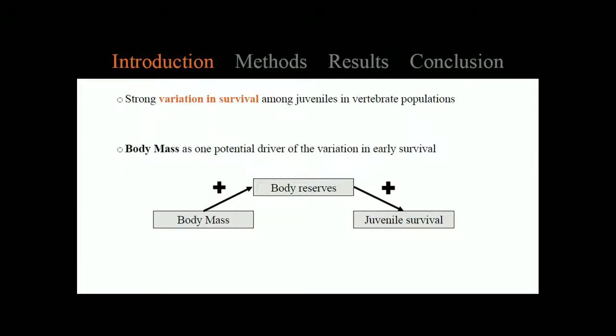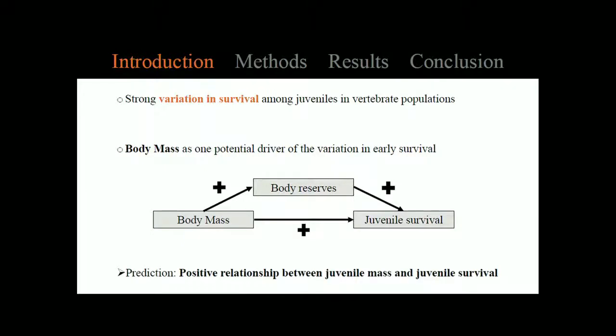One of the potential drivers of this variation in survival is body mass. The basic prediction of the literature is that body mass is positively correlated with body reserves, and that body reserves can enhance juvenile survival. So the prediction is that we expect a positive relationship between body mass and juvenile survival.